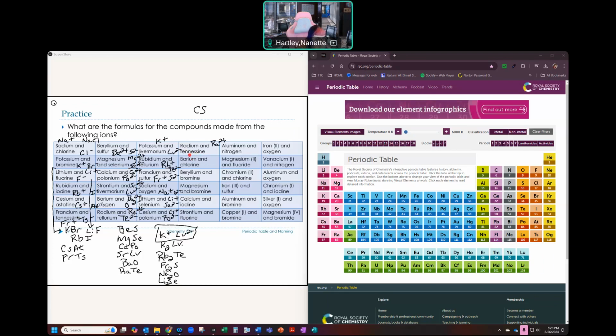I know we found him. Tennessine was right here, Ts-. So similar to what we just did, now we have 2+ and 1-. So now we're going to have our Ra and then Ts2. So now the 2 goes on the negative one because we need twice as many negatives as we have positives.